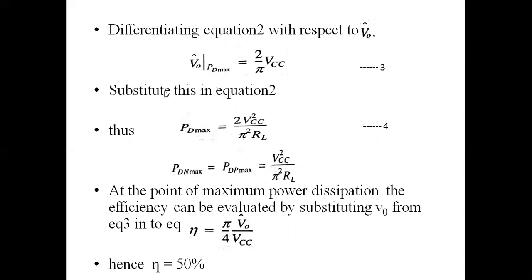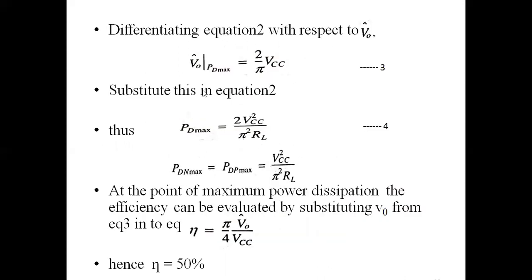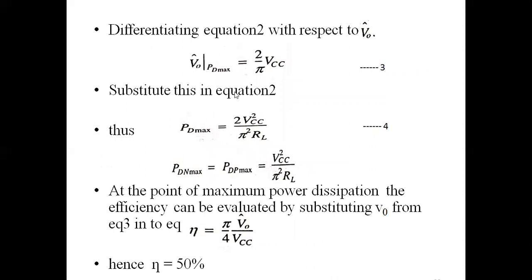Substituting the value of V naught cap in equation number 2 and simplifying, the maximum power dissipation will be equal to V squared CC divided by pi squared RL.